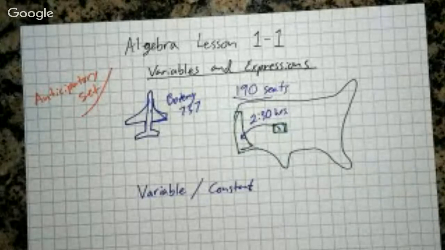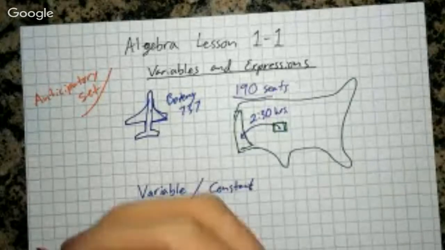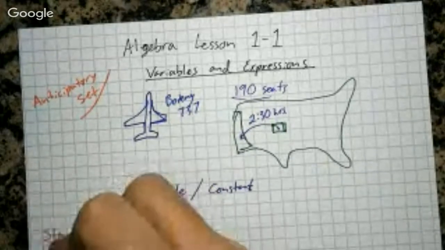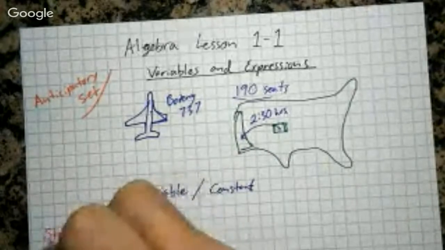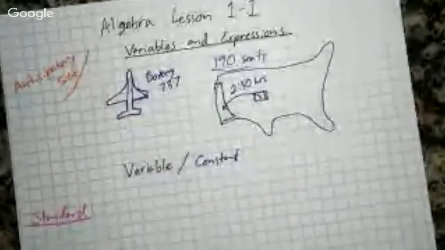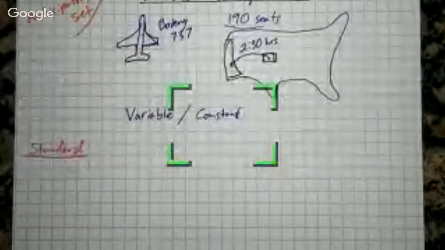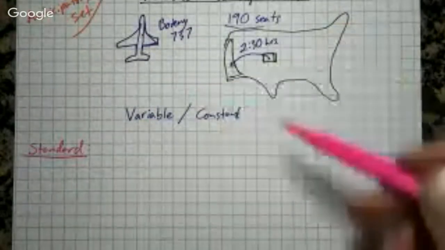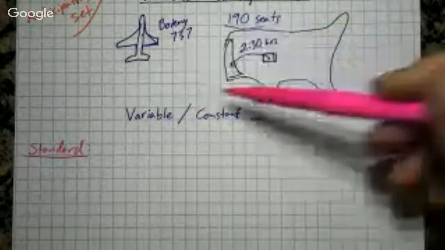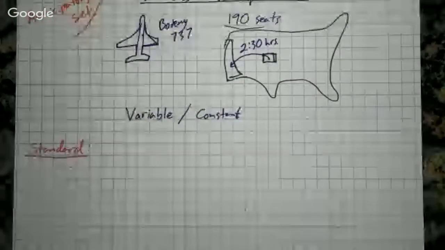So let's move on now and talk about the standard we're going to be talking about today. Remember, this is an algebra standard. Now this is the part where you're going to need to make sure that you're writing exactly what I'm writing. This anticipatory set, I just like to try and fix my drawing, but we're going into our standard now.